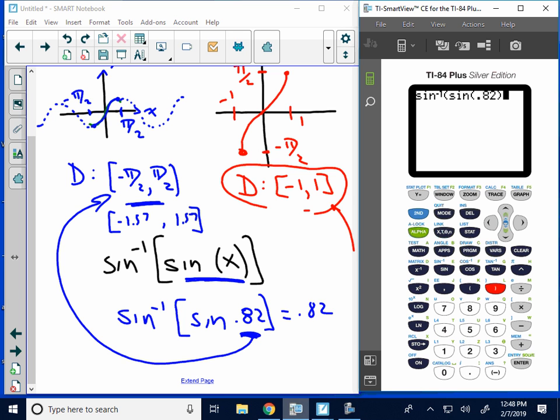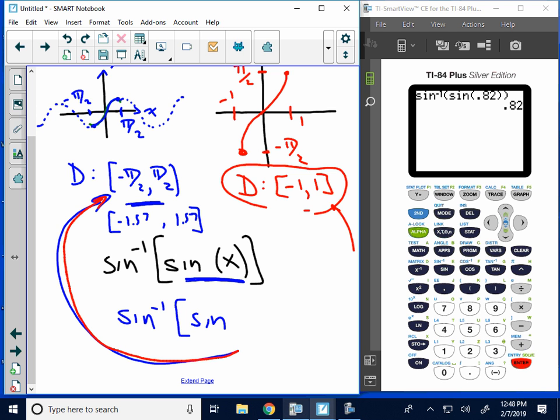And you'll notice I don't need a calculator to do this. I'm going to know that works all the time anyway. If I put in an arc or an angle in radians, I need an angle that's between negative pi over 2 and positive pi over 2. How about pi over 7?